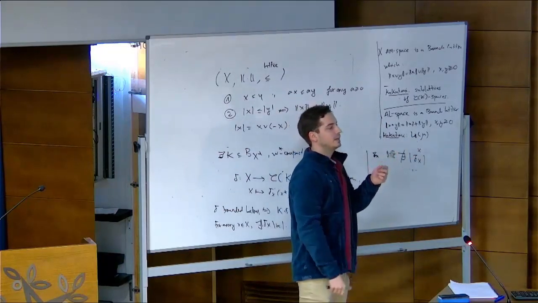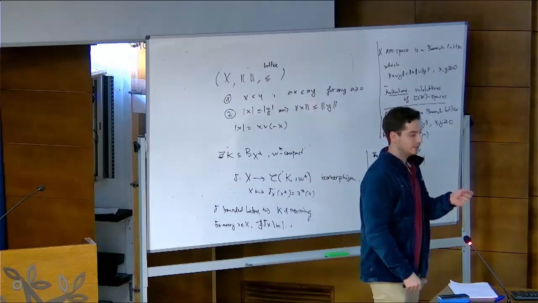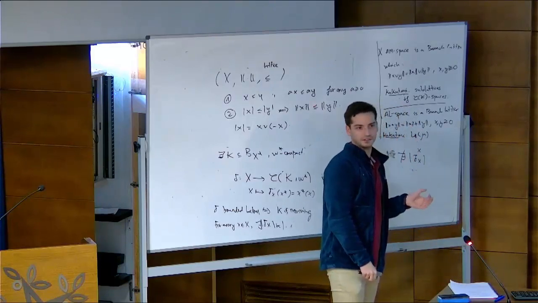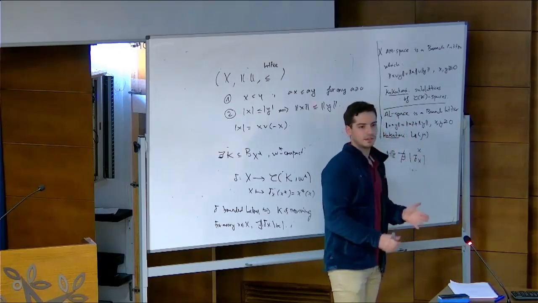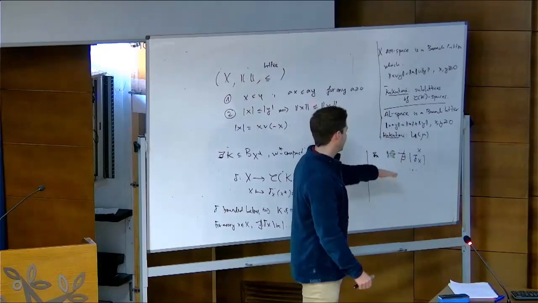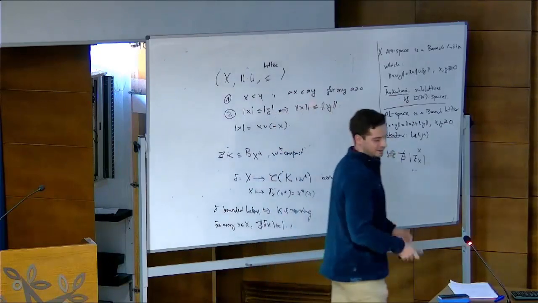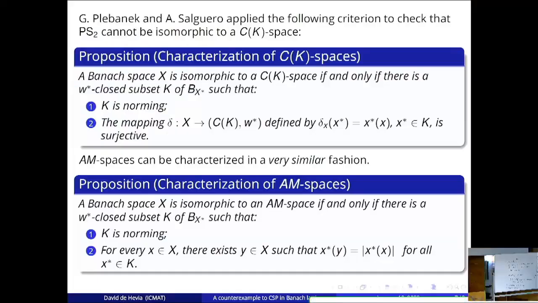We can adapt their argument to abstract M spaces because they are taking a very nice function in this sense. They are taking a delta of something. So we can adapt their argument to abstract M spaces. But this is only an idea.